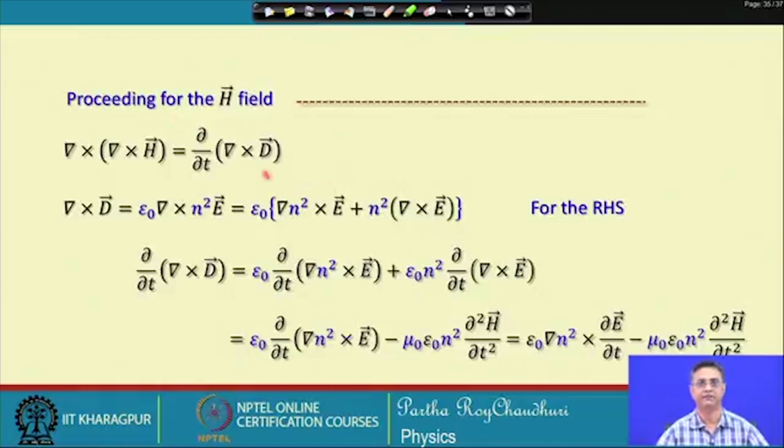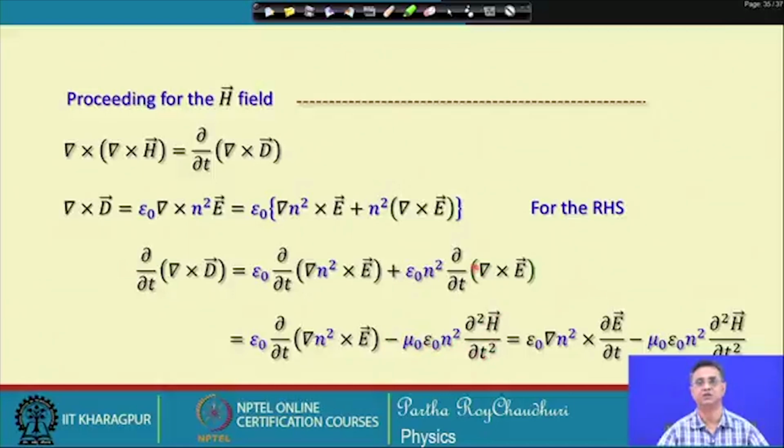For the magnetic field, we can similarly write down the left hand side, that is curl of H, which is equal to del by del t of D, but this D you can again write in this form, epsilon naught n square E. So, using this identity for del cross n square E, for the RHS part we can write down this equation: del n square cross E plus n square del cross E. Now, you can write this one as equal to minus, because del cross E is again known to us beforehand, equal to minus mu naught del H by del t.